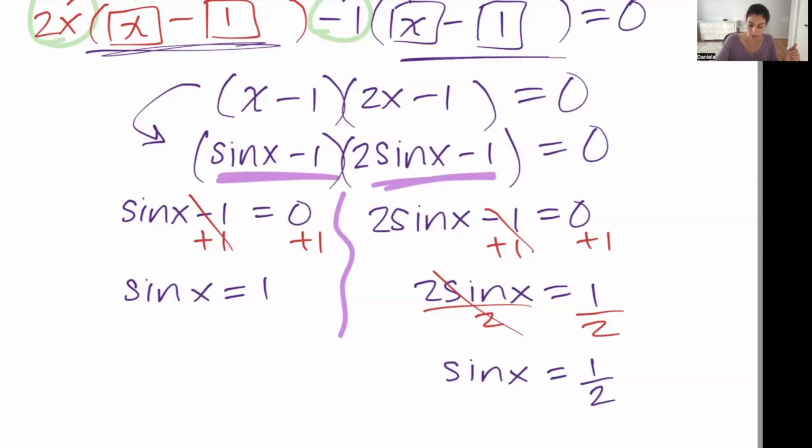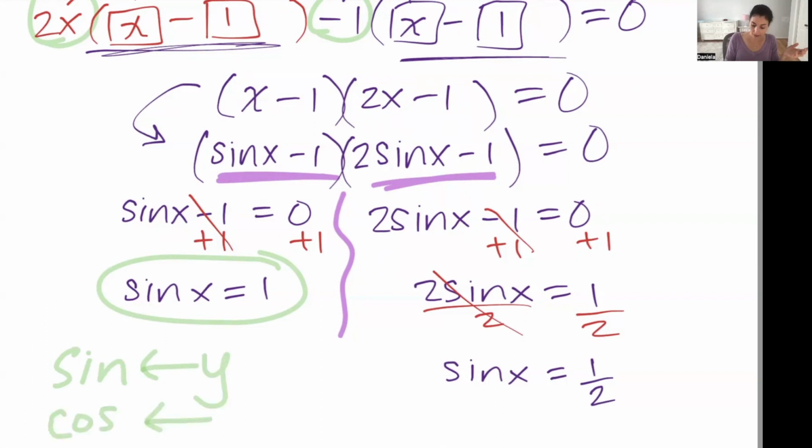So we're going to first look at solving this equation, okay? What is this asking for? Remember that sine is the y value of the ordered pair on the unit circle and cosine is the x value. Remember, tangent is y divided by x and so on. You have to memorize all of that.